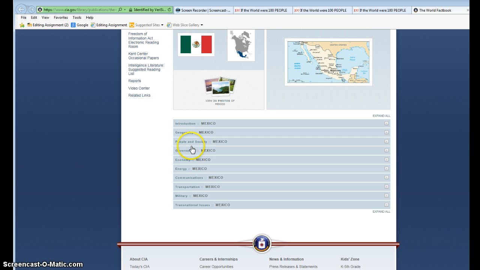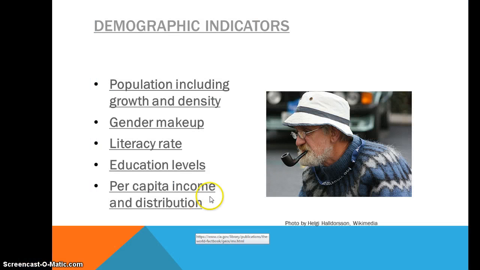So looking back at the list of factors that your author encourages you to consider, the first one is population, including growth and density. Obviously this is important if you're looking for a large enough market to be profitable. One of the first factors you'd ask yourself is, what's the population of this country?